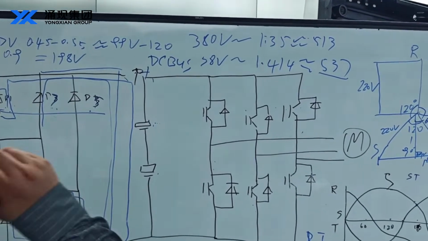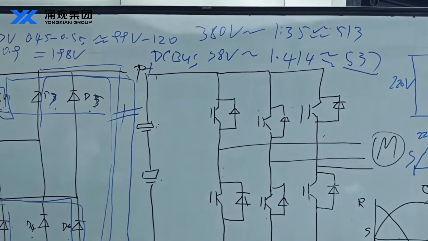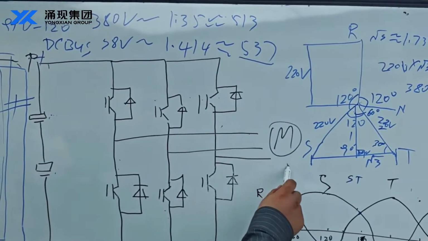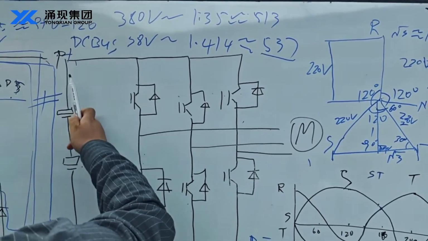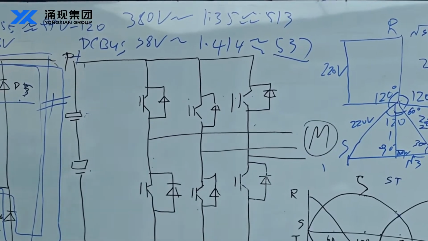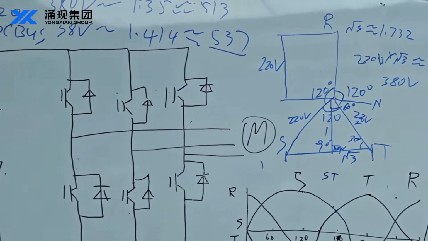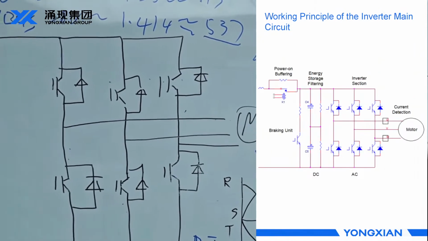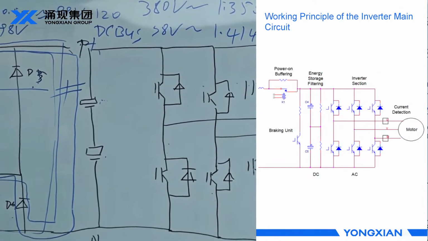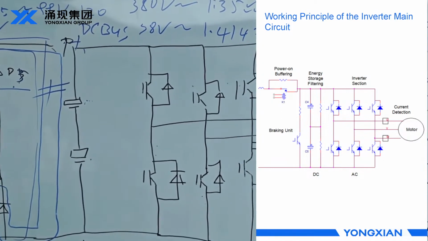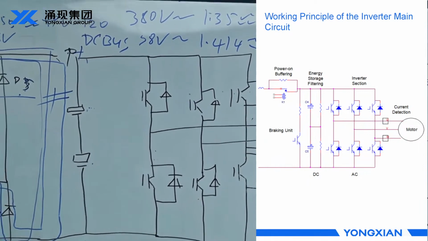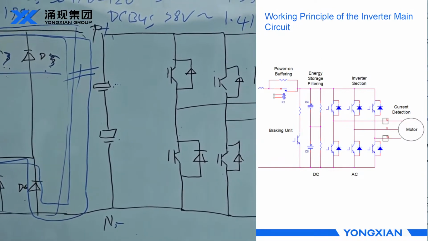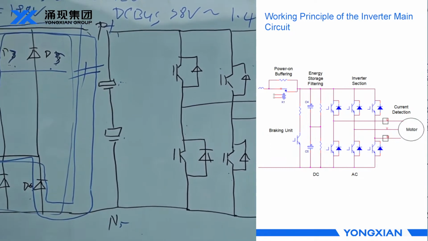Mostly the motor is generating power, charging the capacitors through the rectifier diodes and raising the DC bus voltage directly. This usually happens when our braking unit is not working.